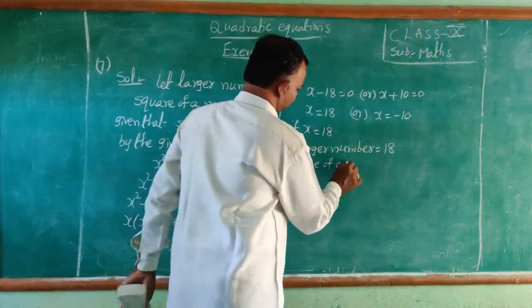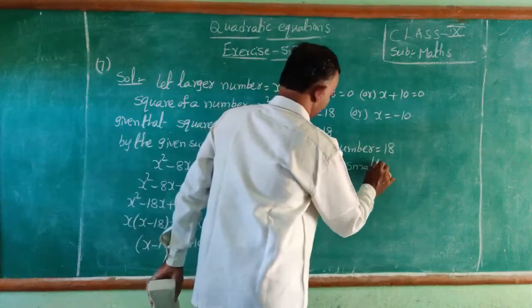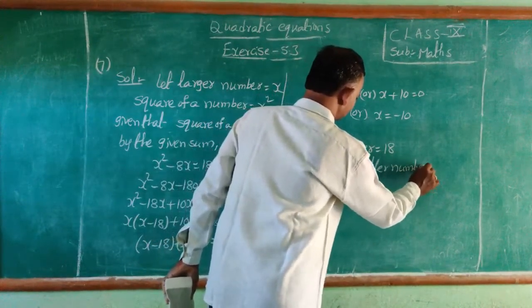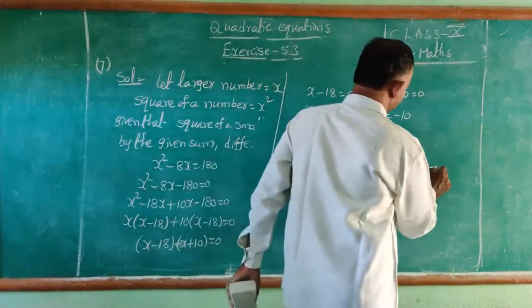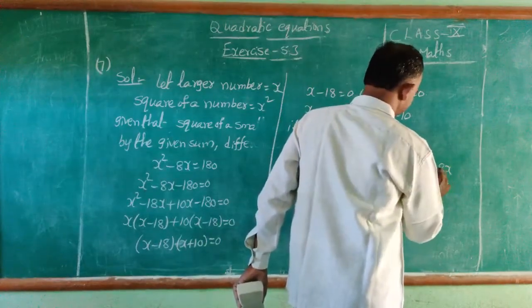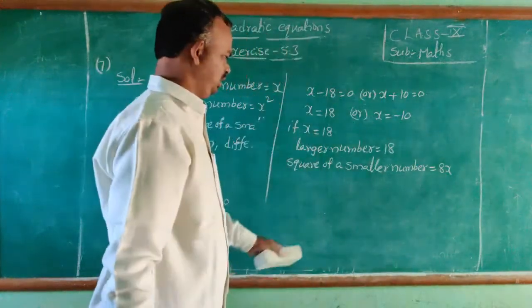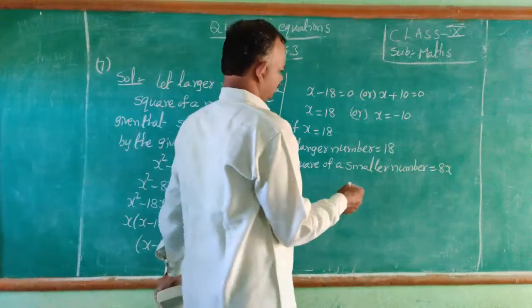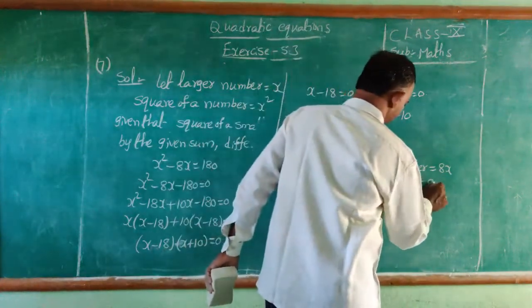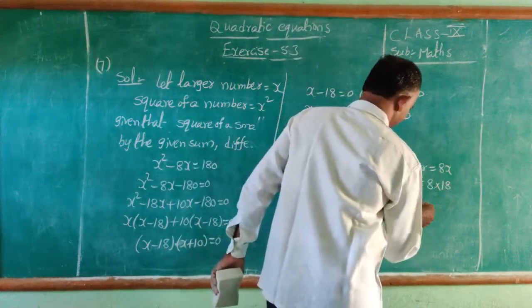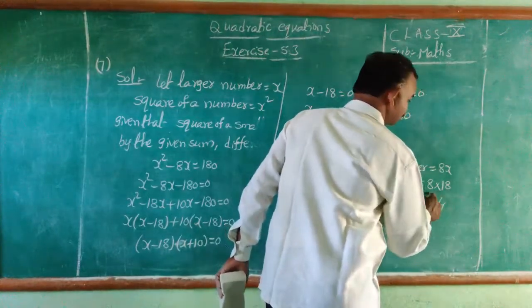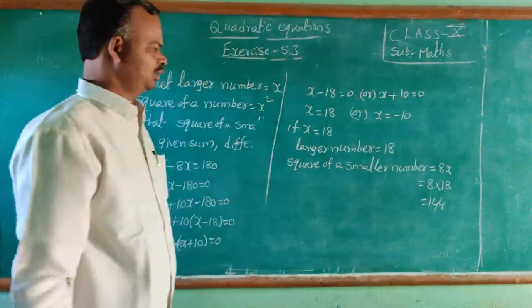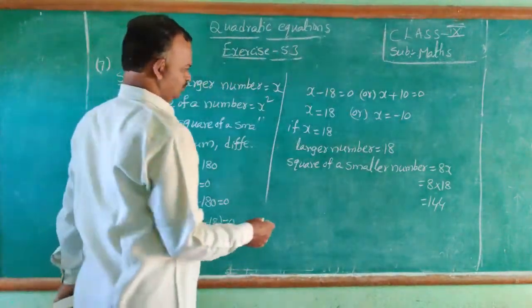Square of the smaller number is equal to 8x. That is equal to 8 into 18, that is equal to 144.